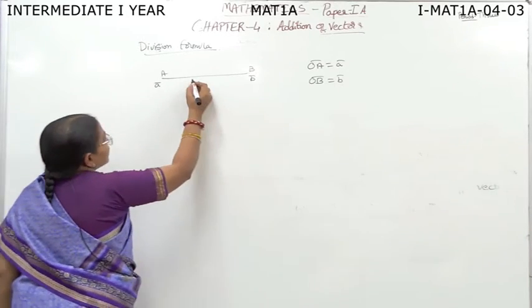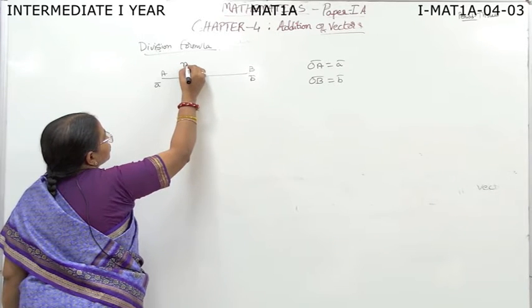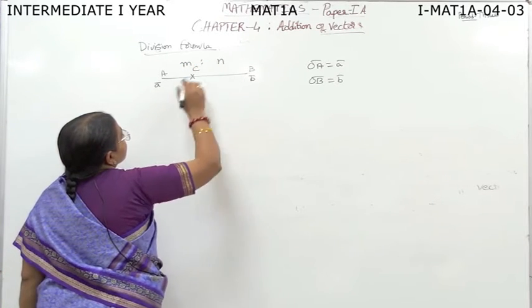Now suppose that C is a point which divides AB in the ratio m is to n.